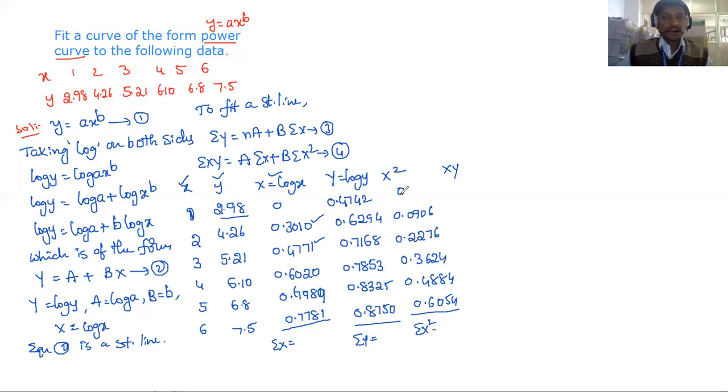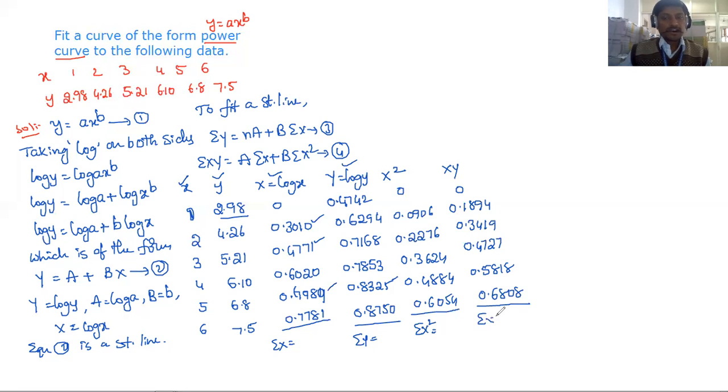This also we need to sum. Summation X square means we add 0 plus each of these values. And next XY is nothing but we multiply capital X and capital Y. So we get 0, then 0.1894, 0.3419, 0.4727, and 0.6989 into 0.8325 that is 0.5818, and next 0.6808.